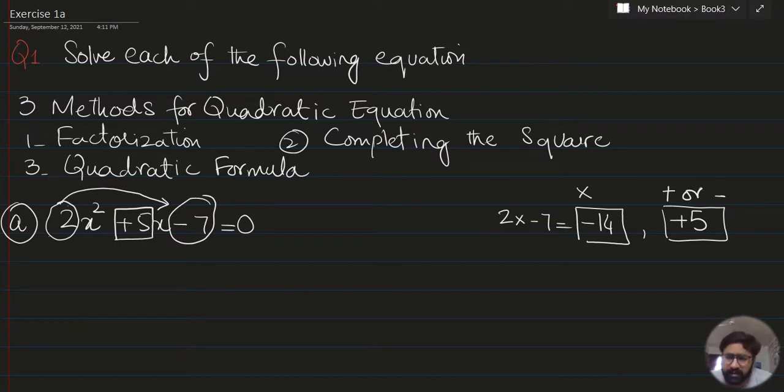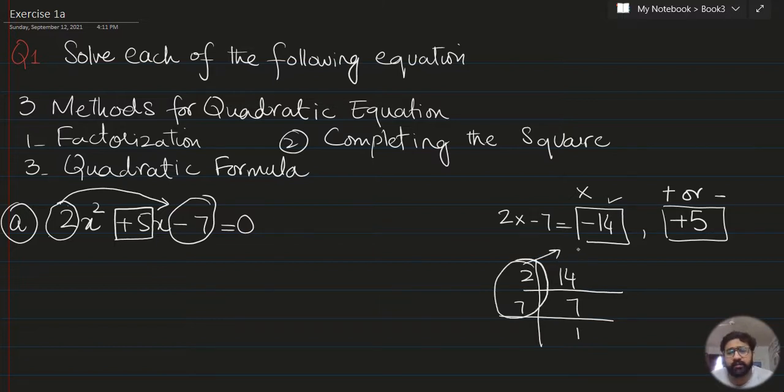The easier method is to factorize 14, the product of the first and the last coefficient. It is going to be 2 and 7, 7 and 1. So these two numbers, 7 and 2, make 14 by subtracting.